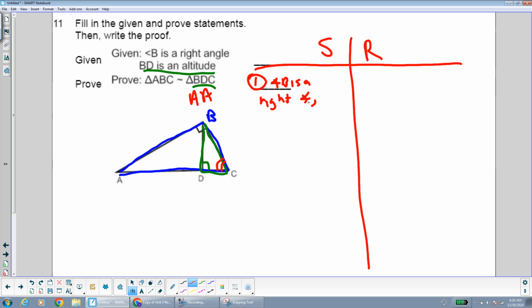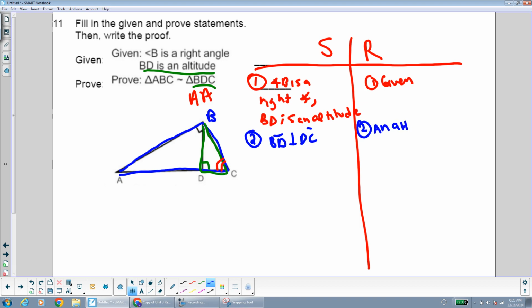Sorry for my terrible handwriting with the givens. Okay, so I'm going to start with this right angle. BD is an altitude, so I'm going to write BD is perpendicular to DC, and altitude is a perpendicular line in a triangle.